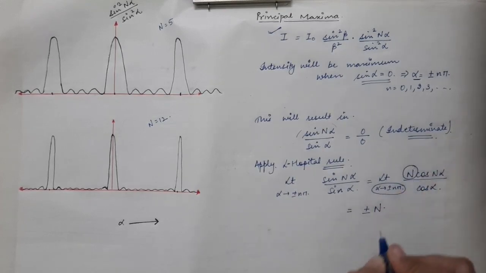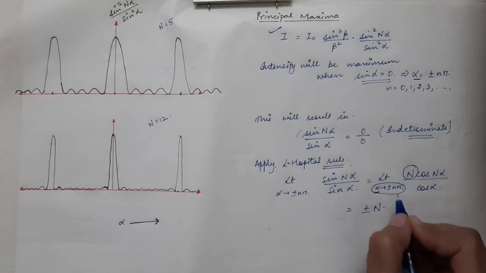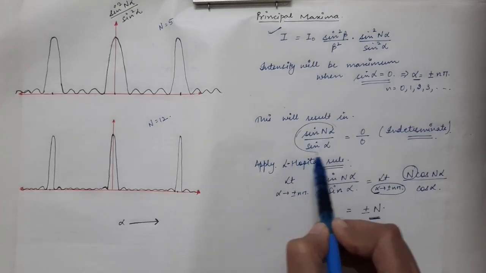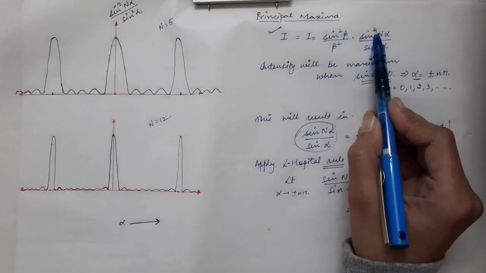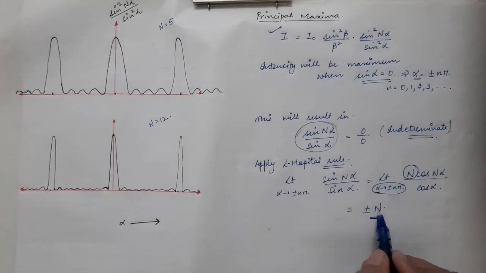Only this factor will remain, and it can be either positive or negative according to the values of alpha that you are using. So this is the value of this fraction. So sine square n alpha divided by sine square alpha will be just equal to n square.